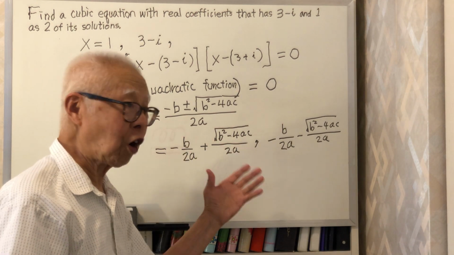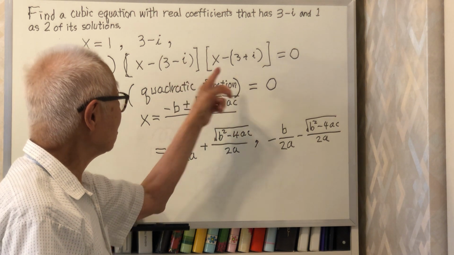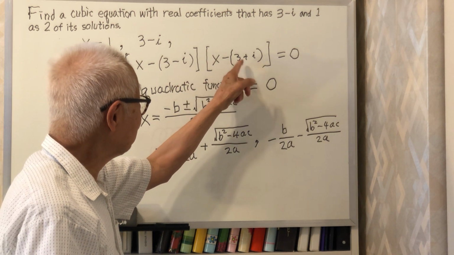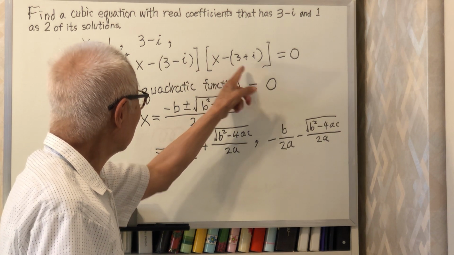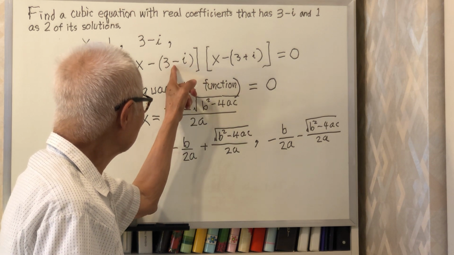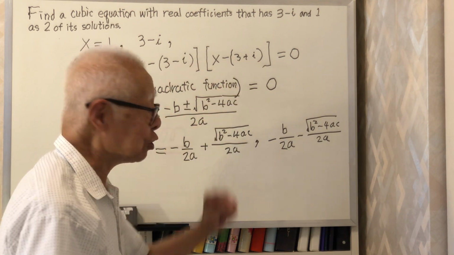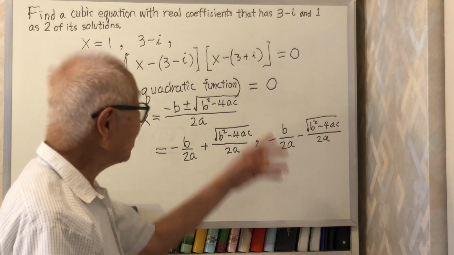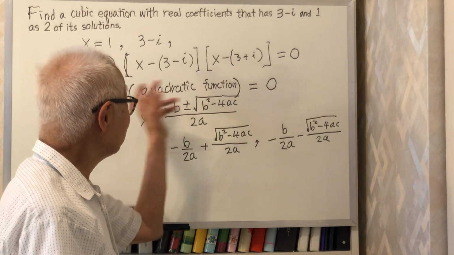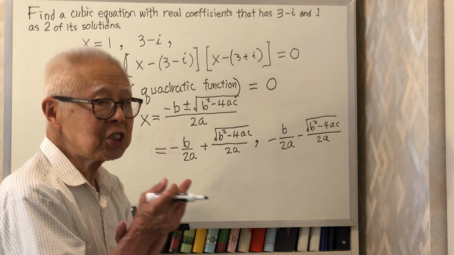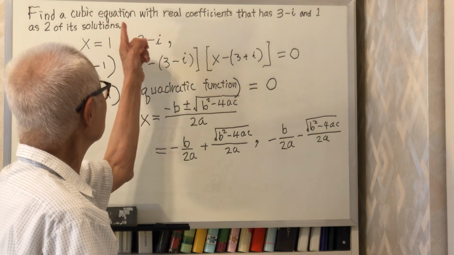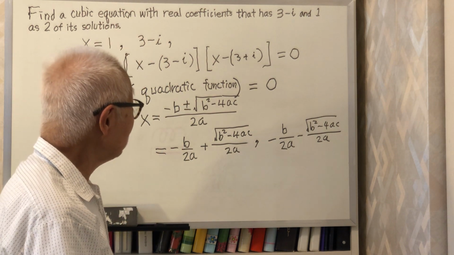This is the general formula. So I know the third solution must be this. This minus part becomes plus. Now, once I conclude this way, then the rest is easy. What is the cubic equation?